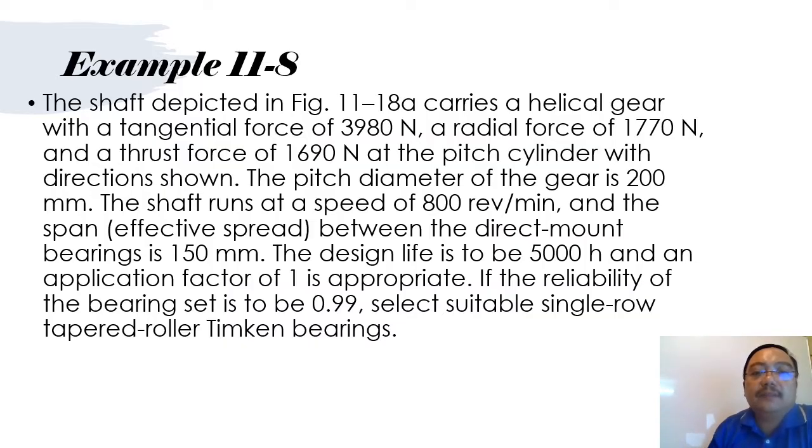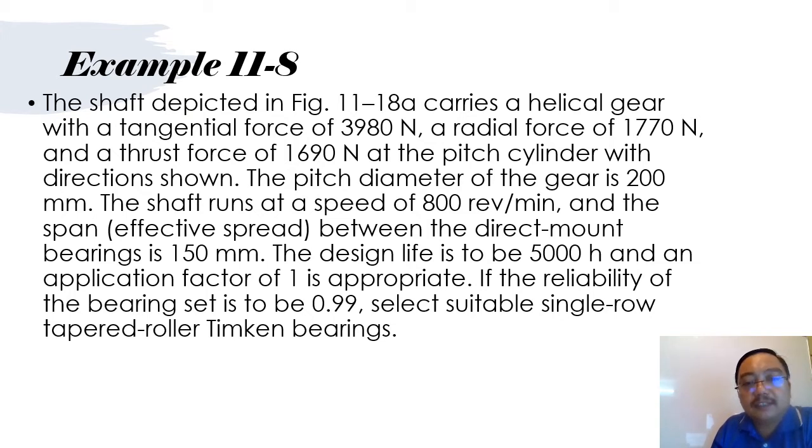The shaft depicted in figure 11.8a, which I will show in the next slide, carries a helical gear with a force of 3980 Newton, radial force 1770 Newton, and thrust force 1690 Newton at the pitch cylinder with directions shown. The pitch diameter of the gear is 200 millimeter.